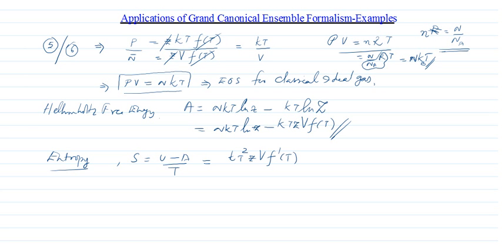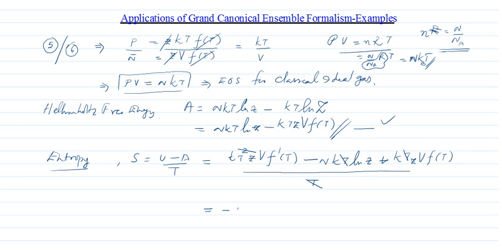Then minus A, which we have obtained by this equation, that is NkT log z, then minus becomes plus kT z V f of T, whole divided by T. The T gets cancelled everywhere, so what is remaining here is minus Nk log z.